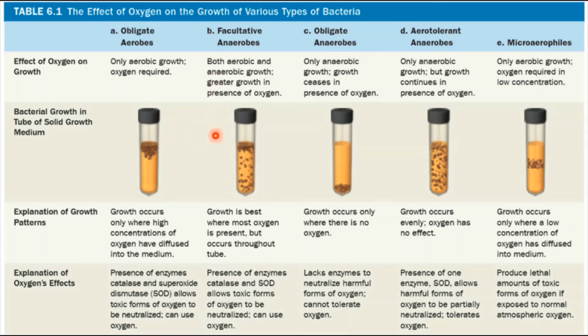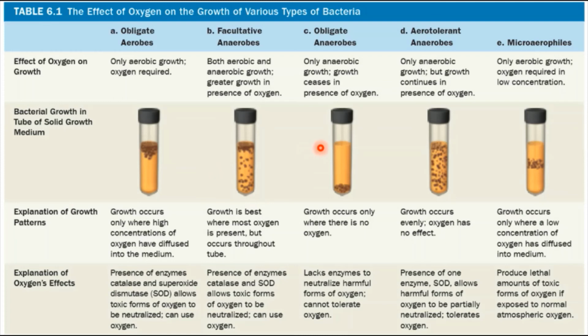Facultative anaerobes, as we learned, are capable of growing with or without oxygen, but they grow more efficiently with oxygen. So a typical facultative anaerobe will have growth distributed throughout the tube, but the growth will be more highly concentrated at the interface where oxygen is present.